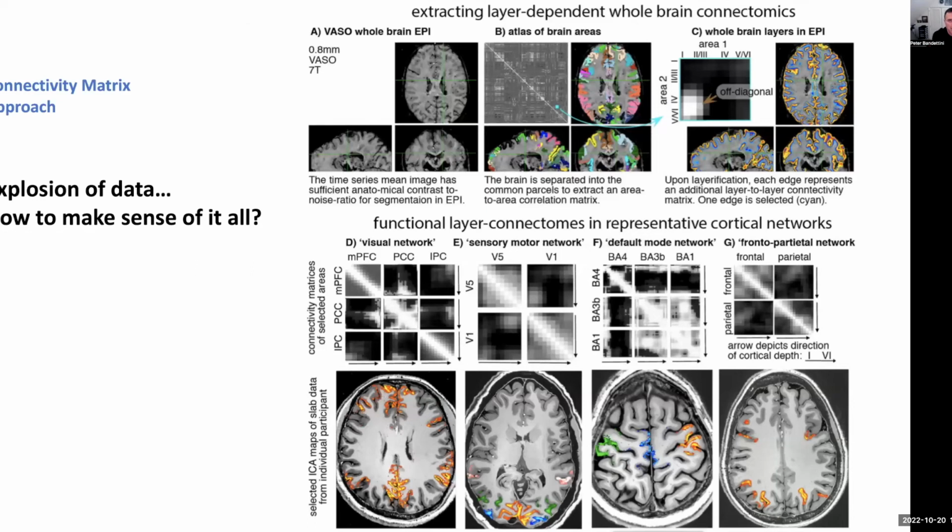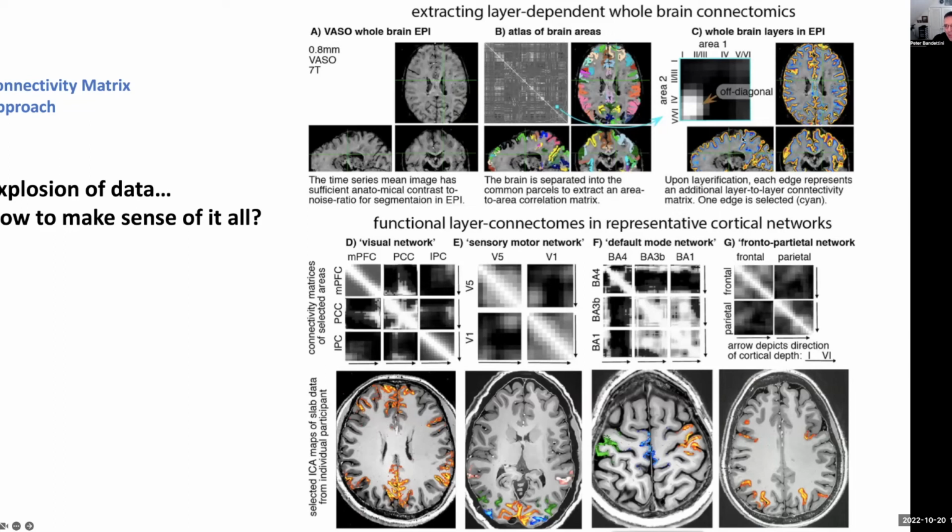I showed these results because we're still trying to figure out how to do that robustly in the whole brain. And here's the problem. We can image the whole brain with layer fMRI resolution. Let's say we start out by making a connectivity matrix at high resolution, with each cortical region parcellated. You have a lot of parcels, so it's already a large connectivity matrix.